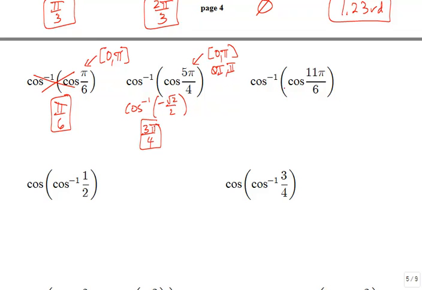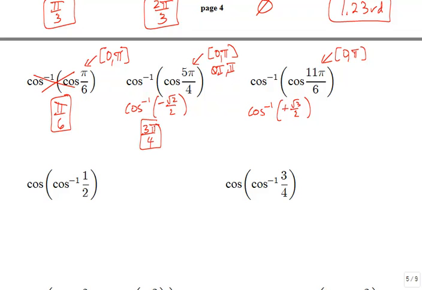Okay, the next one here, again, it really wants to cancel out, but this is not between 0 and pi. 11 pi over 6 is down there in quadrant 4. So in order to figure this out, we think about cosine. It's a pi over 6, so that's a root 3 over 2, and in quadrant 4, that's positive.